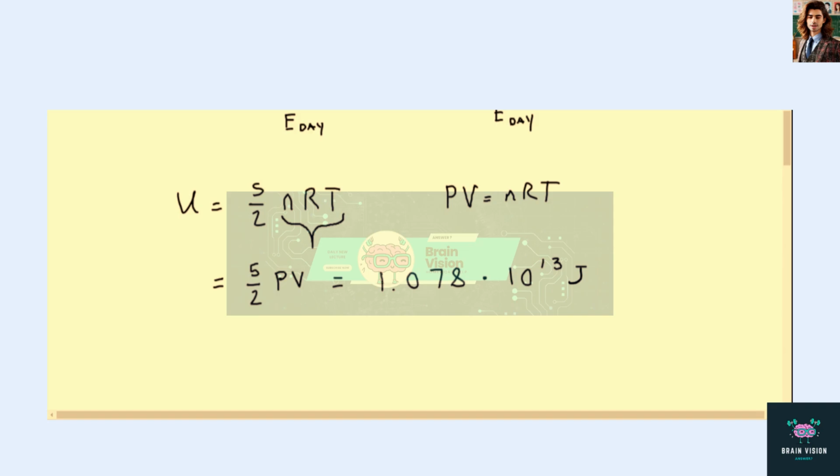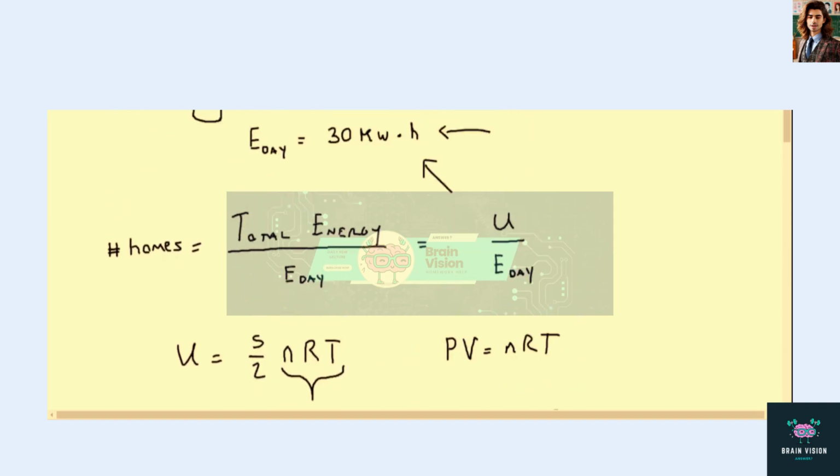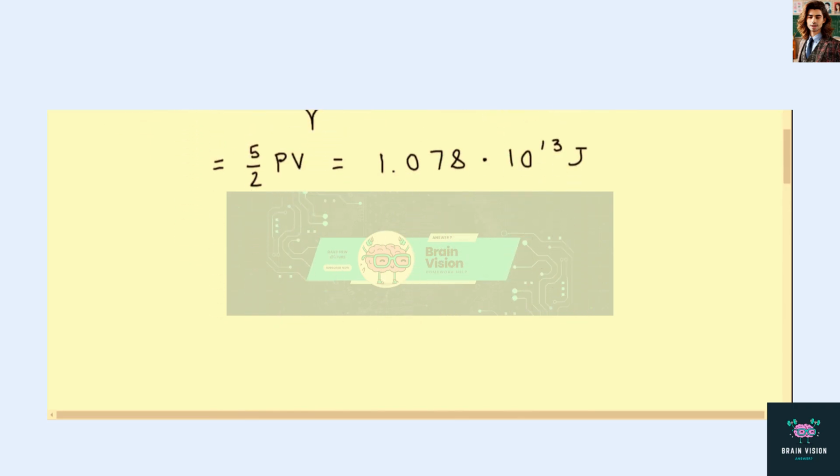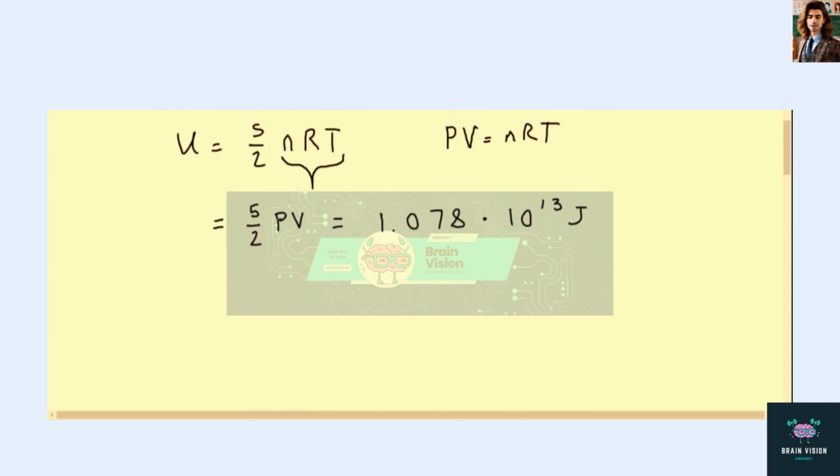Now we know each day, each home is going to take up this much energy. So we really could call the units on this thing up here kilowatt hours per home, just so it's nice and clear, that when we do our final calculation, the units will just come out to be homes.